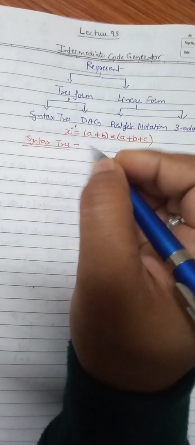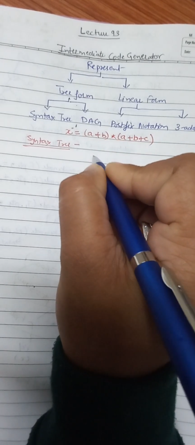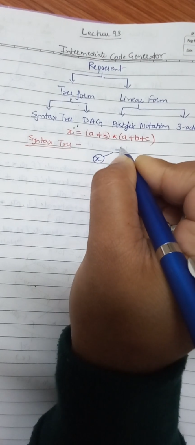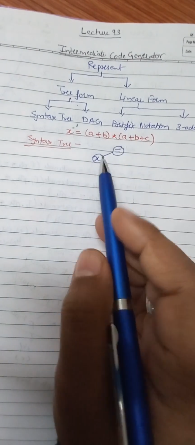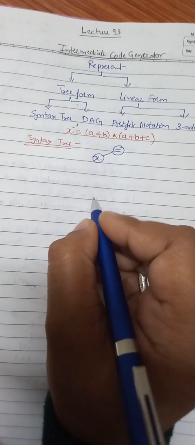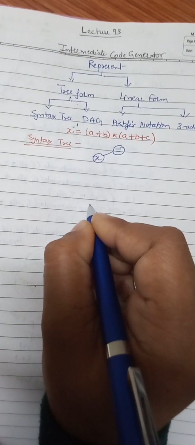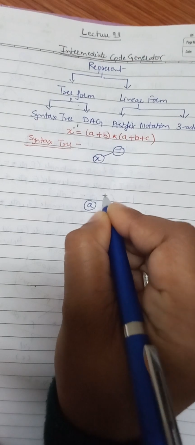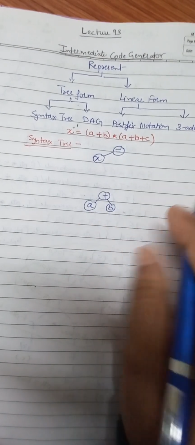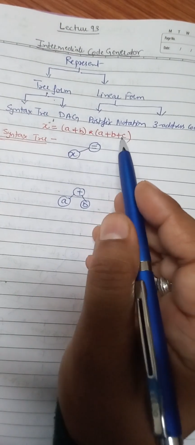We start with x is equal to. Now another thing is a plus b into a plus b plus c. So we'll make one here, a plus b, and make another one, a plus b plus c.